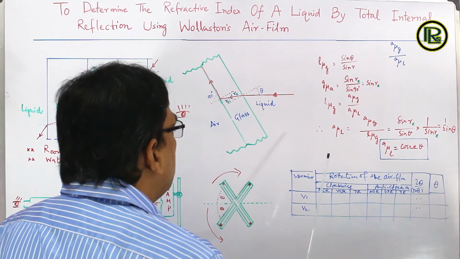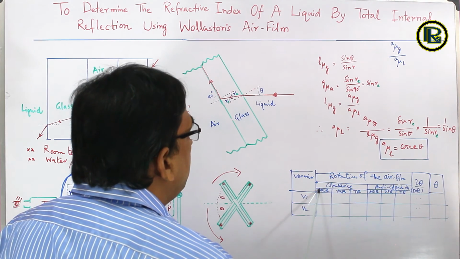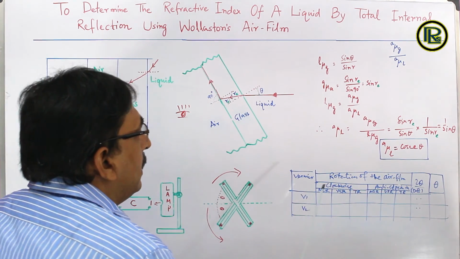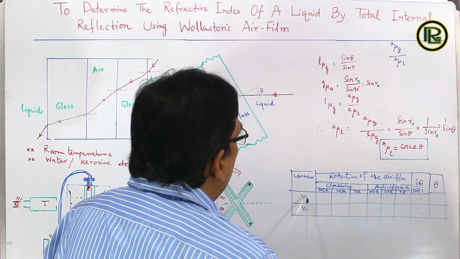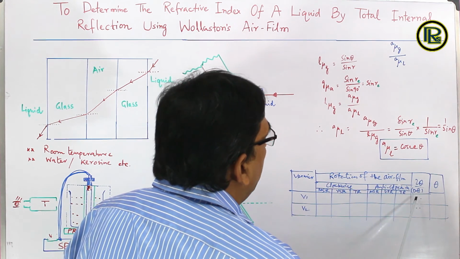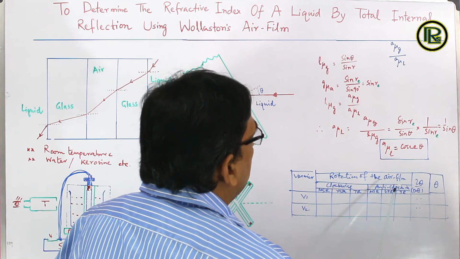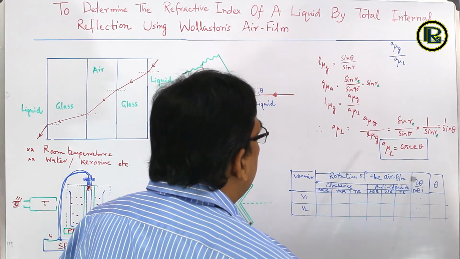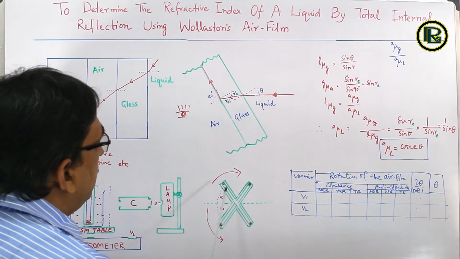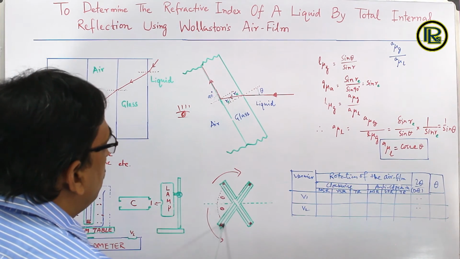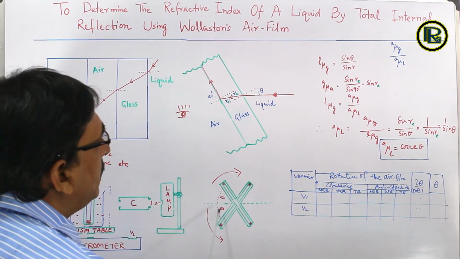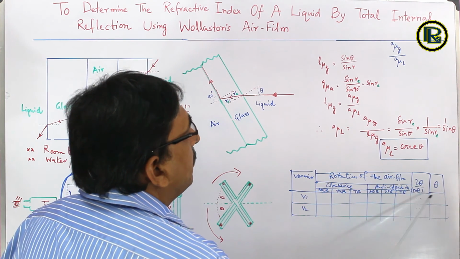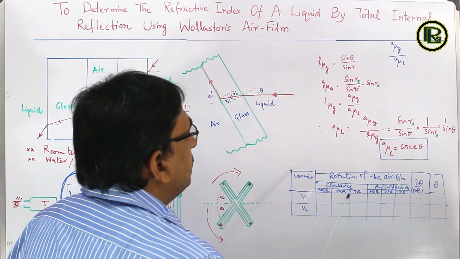In both cases, we measure the main scale reading, vernier scale reading, and total reading. Then, for a given vernier, we take the difference of the two readings for clockwise and anti-clockwise rotation, which gives the 2 theta value. From that we can get the theta value.